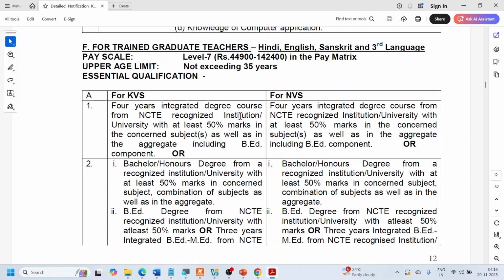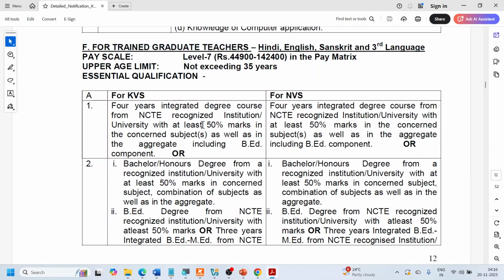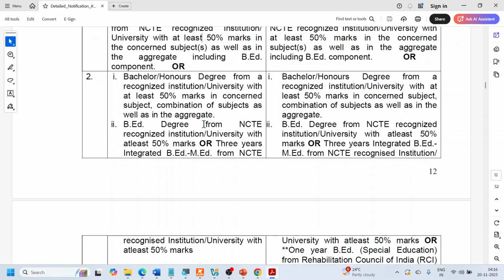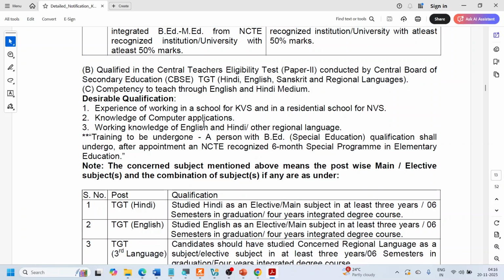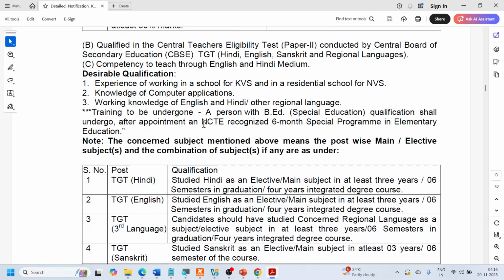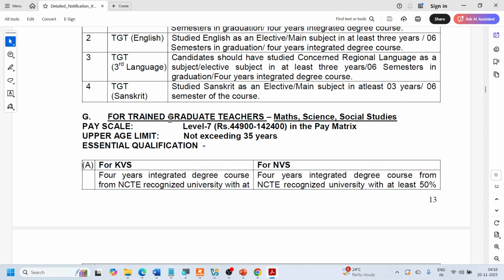Okay, next, coming to the trained teacher and English, Hindi, and other languages. If you look at them, let me just glance through this one, and I will come to the trained teacher, that is graduate teacher for math, science, and social.